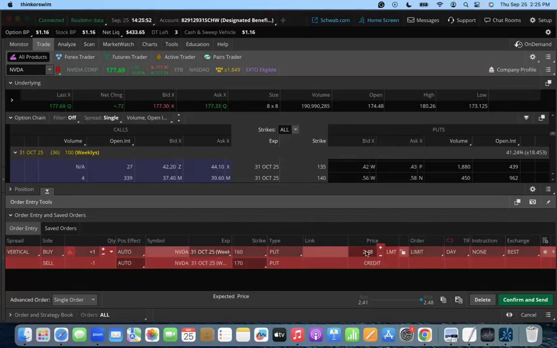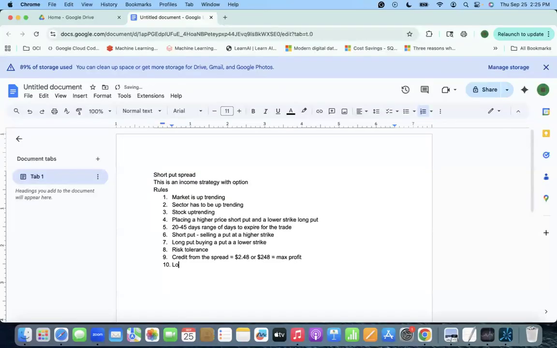But the loss side, right? Your max loss, I would say in this sense, is equal to the width of the spread minus the credit you received, right? In this case that is 10 minus 2.48, equal to 7.52, right? So that is the dollar amount that is at stake.